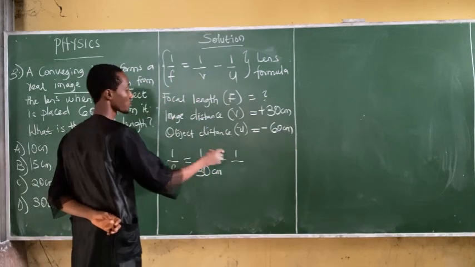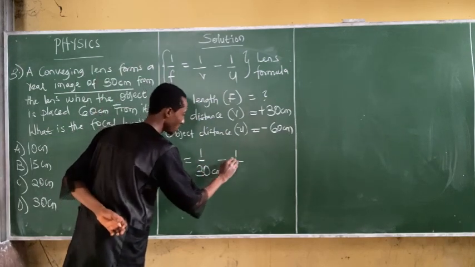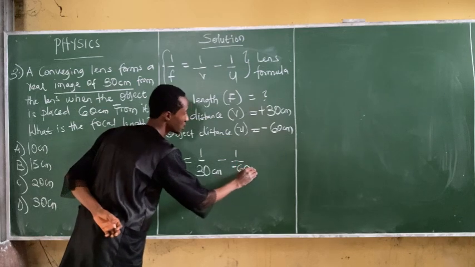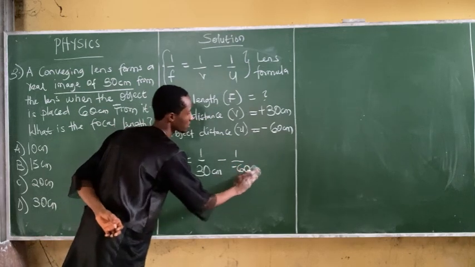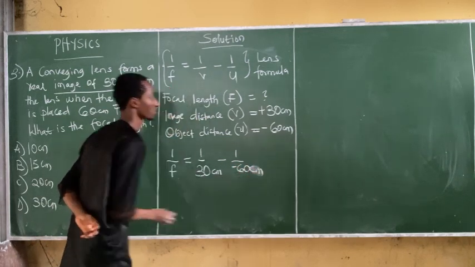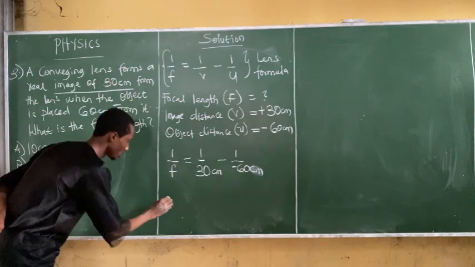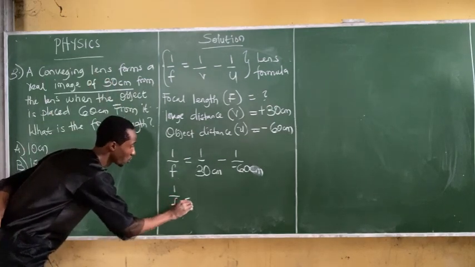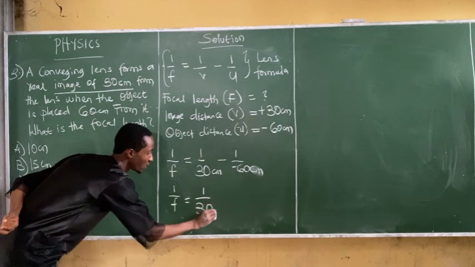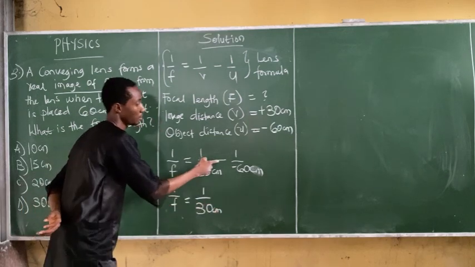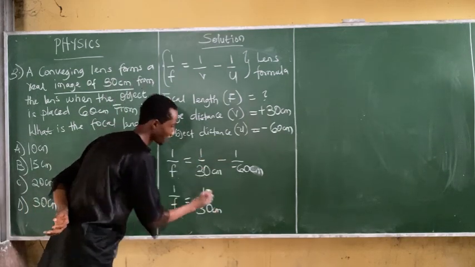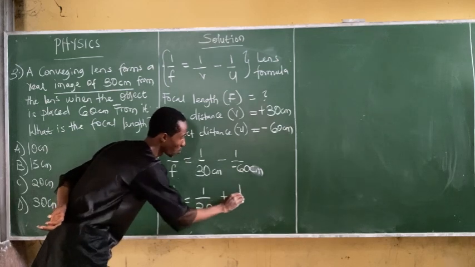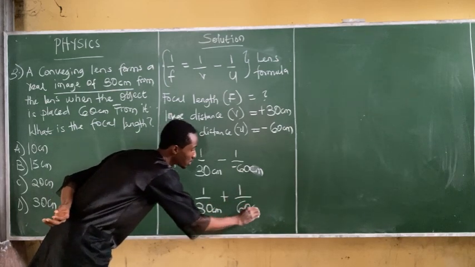For v, we have 30 cm. For u, we have minus 60 cm. This is 1 over f is equal to 1 over 30 cm. Minus times minus will give us plus. So we have plus 1 over 60 cm.